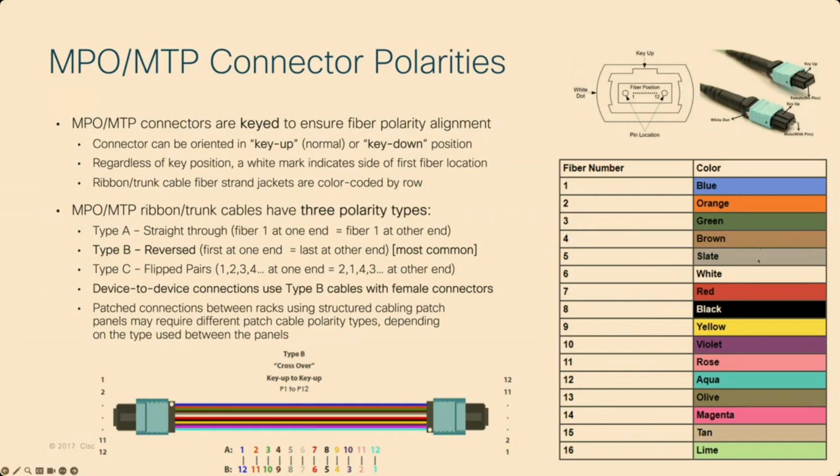If you look on the top right here, you can see that these cables have a little white dot on one side of them. That little white dot is where the first fiber, canonically pin 1, is coming through that connector.